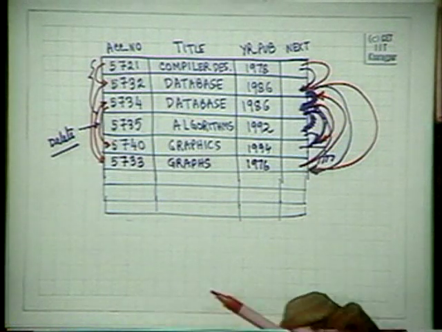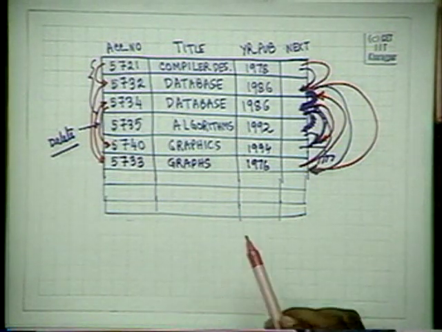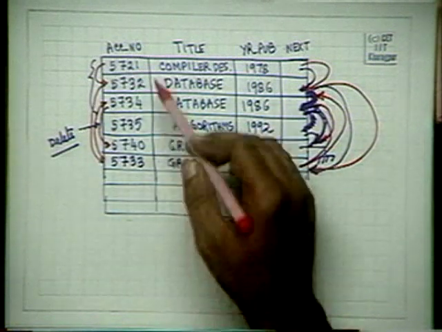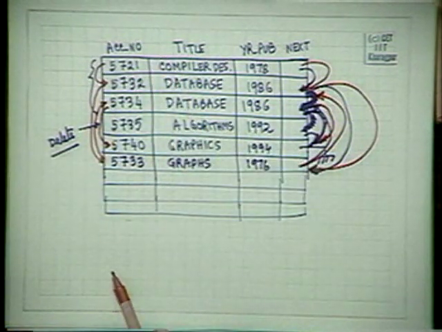The more and more insertion and deletion operations are performed, this structure will become more and more non-sequential in the physical sense. Logically we are maintaining pointers to have the sequential property, but physically when you lose sequentiality, the number of block accesses will increase in the case of a search.